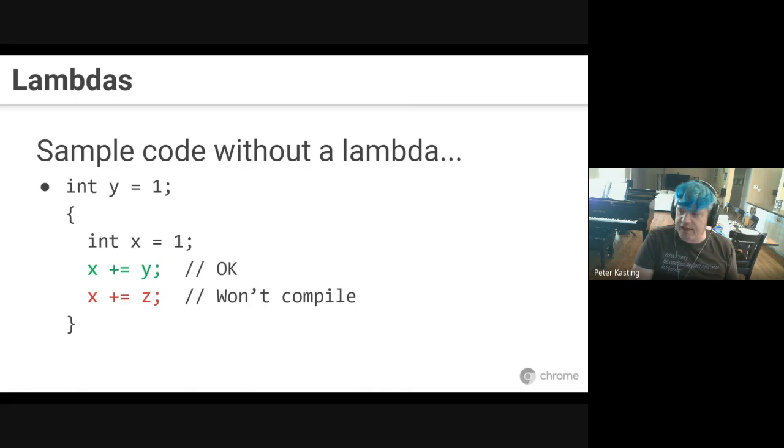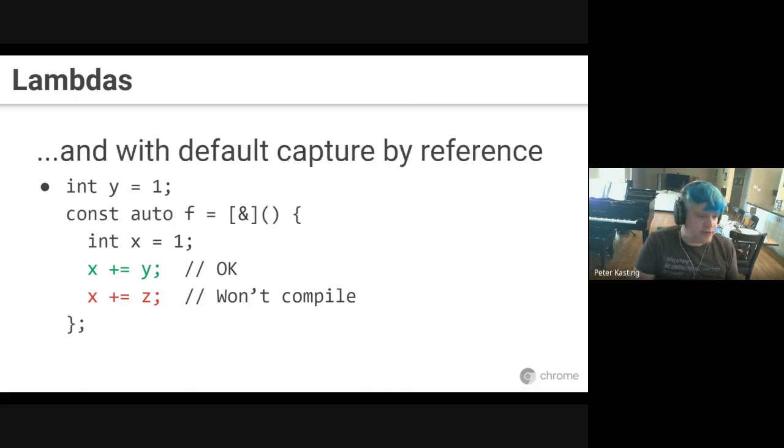This works exactly the same with a Lambda if you put a magic little ampersand inside the capture block. That basically means default capture by reference. It says, OK, take everything in the surrounding scope for the Lambda and mirror it into this Lambda scope by reference.